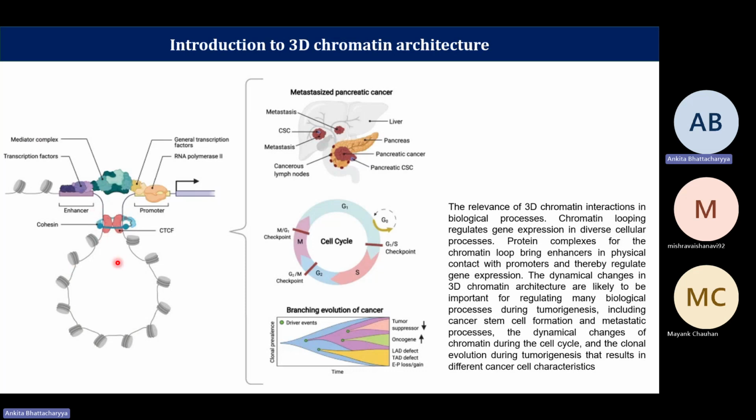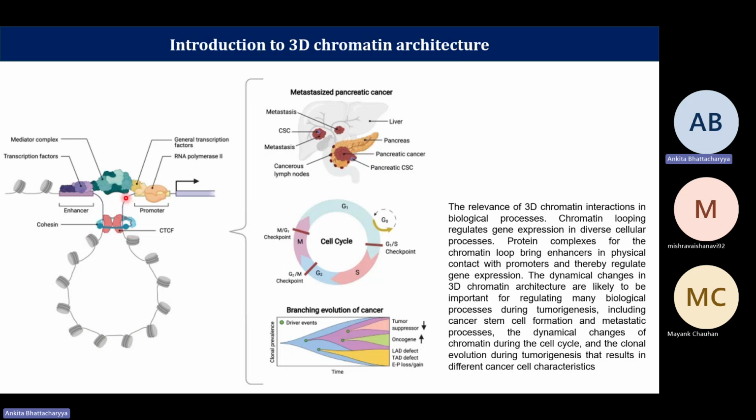For example, this loop is allowing the interaction between two regions of the chromatin which are very far apart, and it is regulated by cohesin and CTCF. And here you can see the enhancer and promoter coming close together because of the cohesin-CTCF interaction.